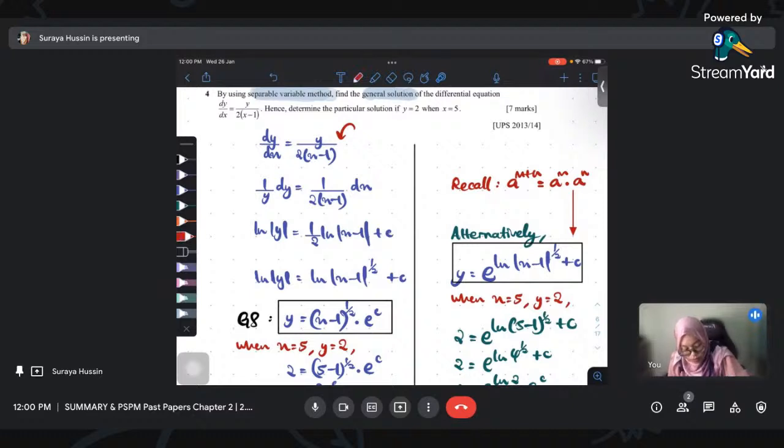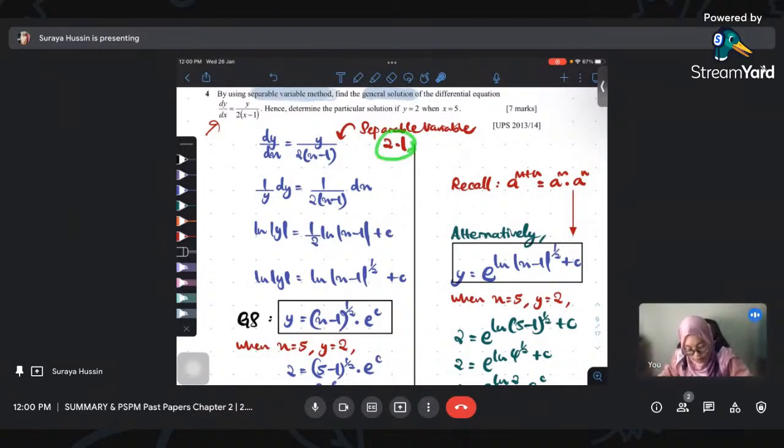So here goes. Saya nampak je soalan ni, saya terus tahu that this is separable. This is separable variable 2.1. Terus fahamlah, terus ingat dari sekarang, hafal dari sekarang, apa bentuk separable 2.1. Apa bentuk non-separable 2.2. Okay?